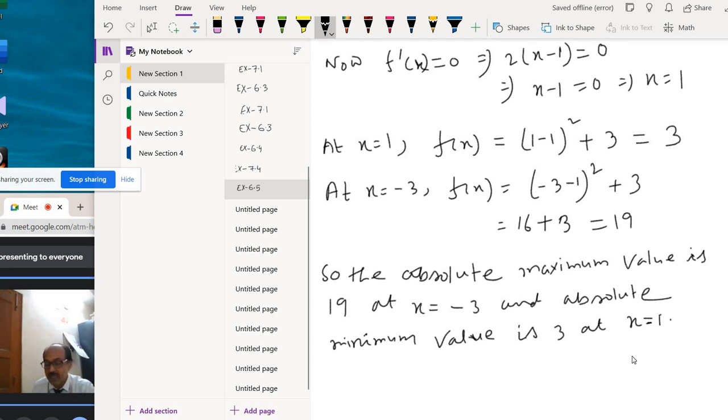Okay, clear? Absolute maximum, absolute minimum.